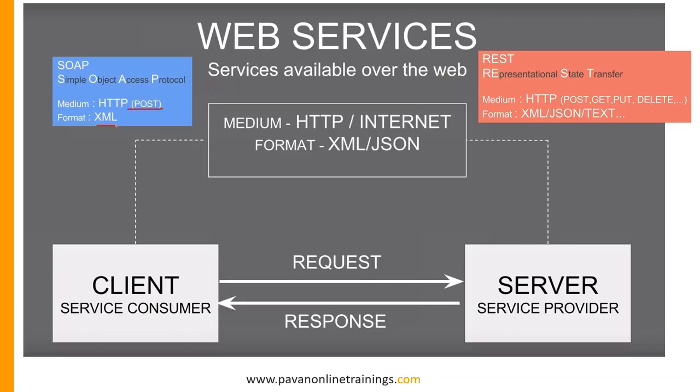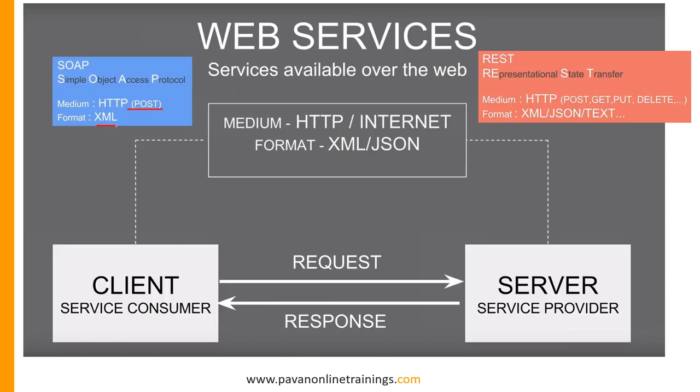We can make the request using an XML file or JSON format or text format or HTML format. Similarly, we can get the response in HTML, XML, JSON, or text format. So multiple formats are supported by REST. REST means Representational State Transfer. These are the two basic differences between SOAP and REST services.